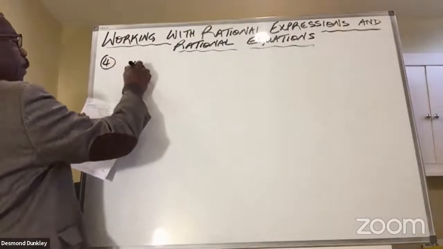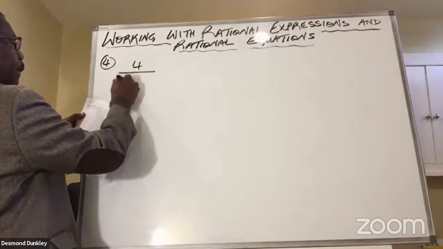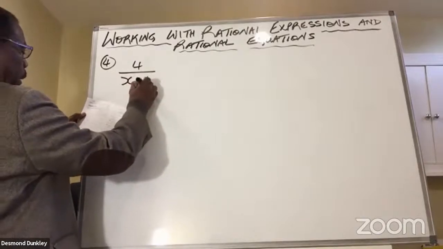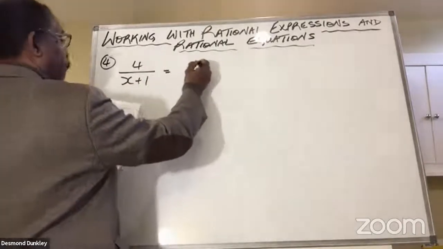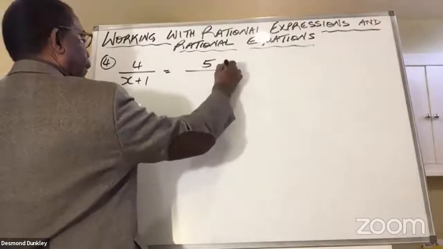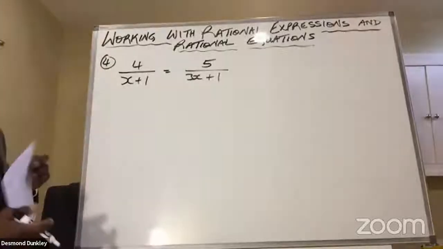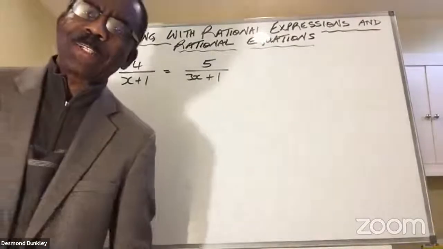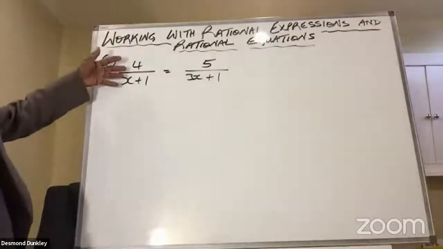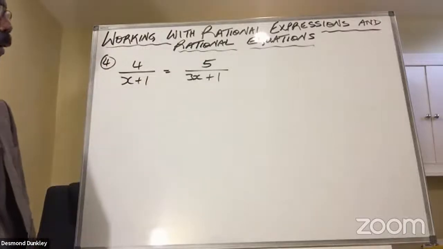We have 4 over x plus 1 equal to 5 over 3x plus 1. Again, a rational equation. You have a variable, you have a fraction with variable.